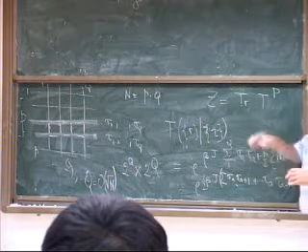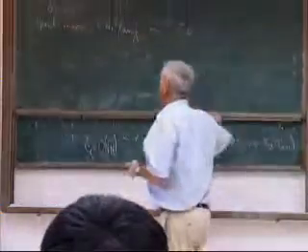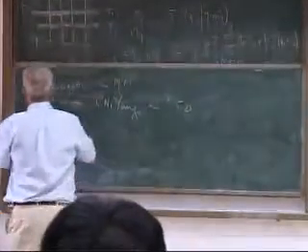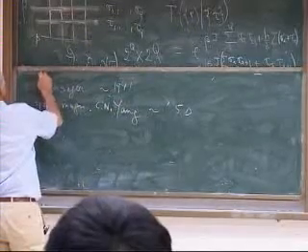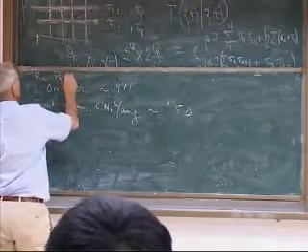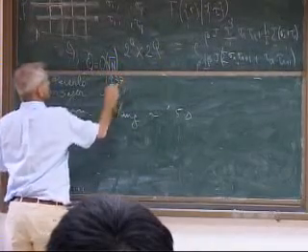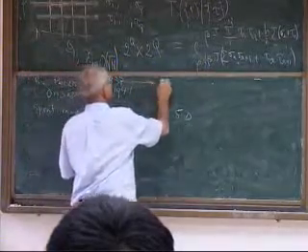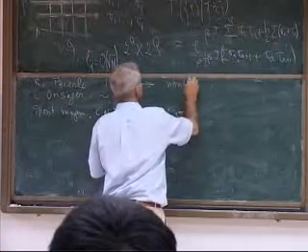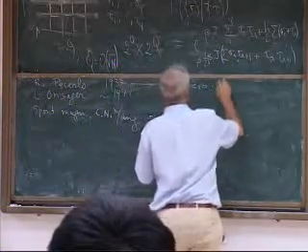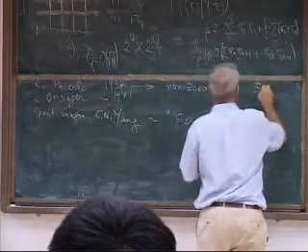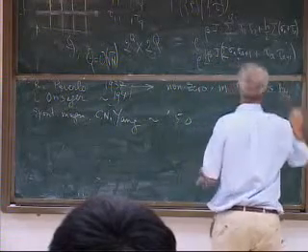Now, before Onsager, Peierls, without solving, showed that there is a non-zero magnetization, or if you prefer, spontaneous symmetry breaking in the system.